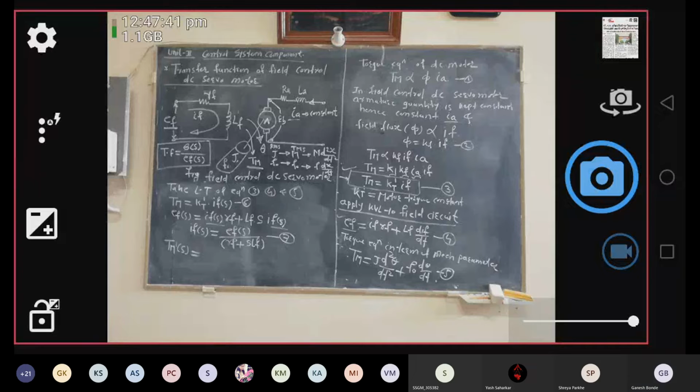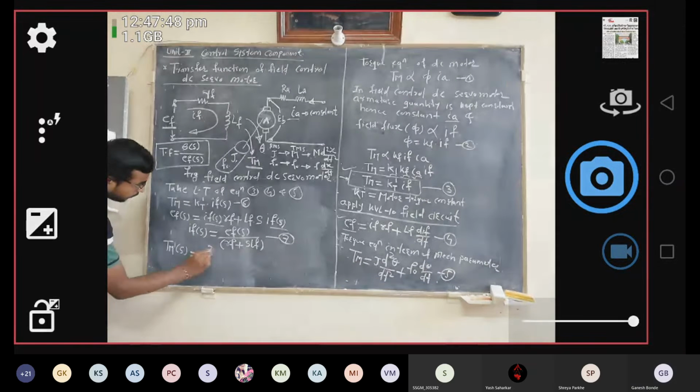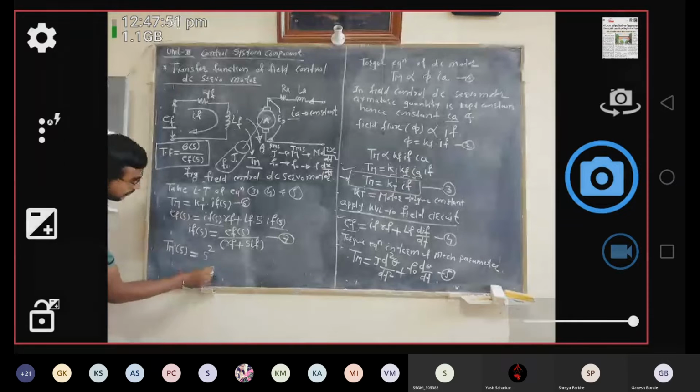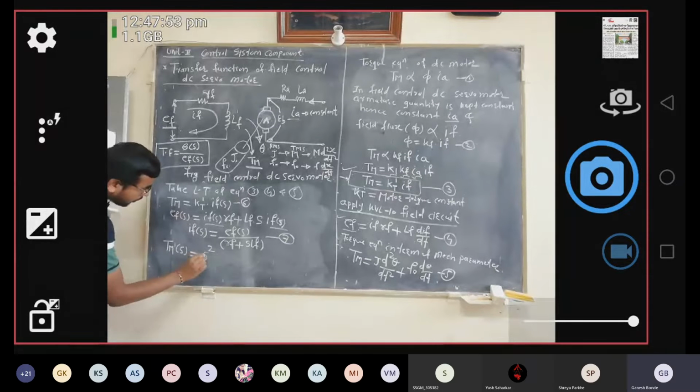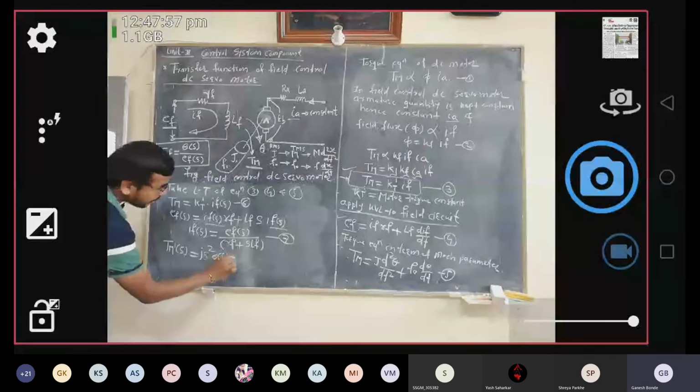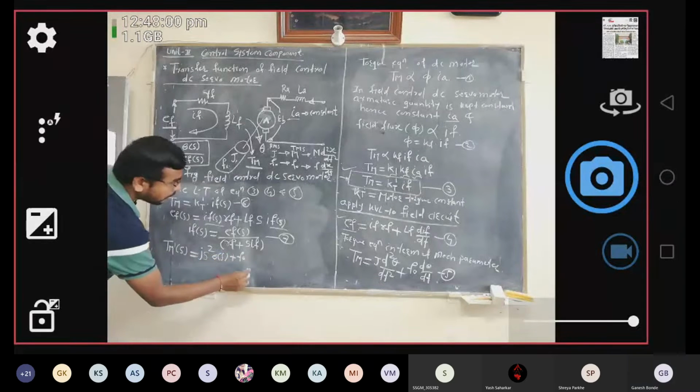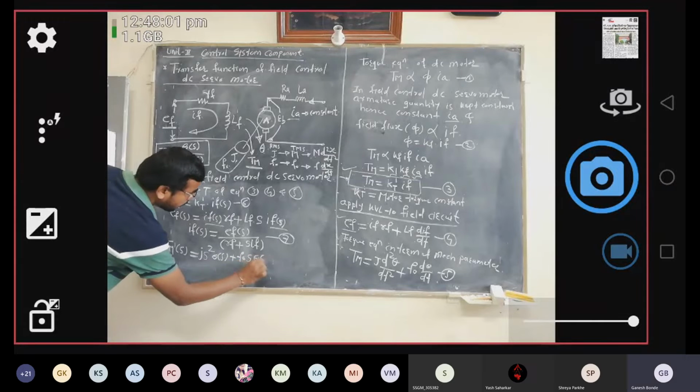So take the Laplace transform of equation 5. Here we are getting J s square theta of s plus f0 s theta of s.